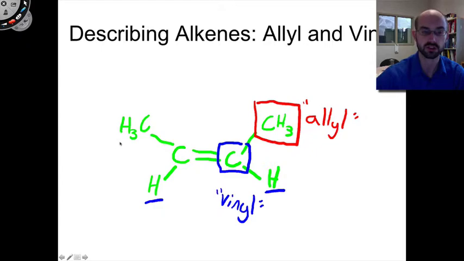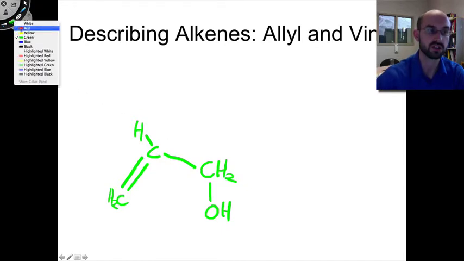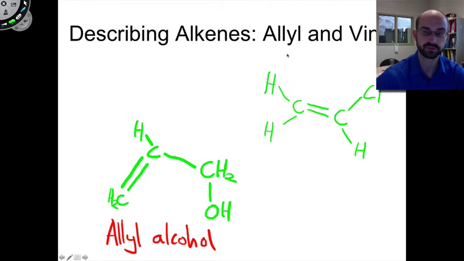You could also describe these hydrogens as allyl if there were an alcohol there or an alkyl halide. You could call that allyl. So for example, this molecule here, it's an alcohol. This alcohol is attached to a carbon that is directly attached to the alkene. So this molecule is called allyl alcohol.